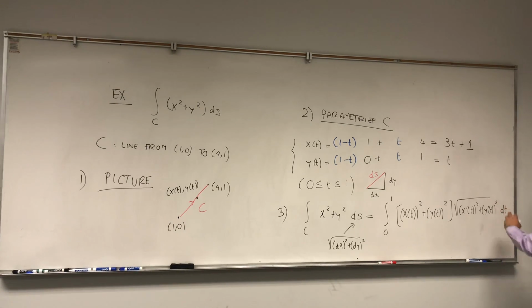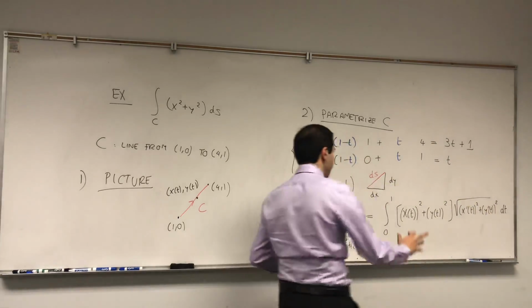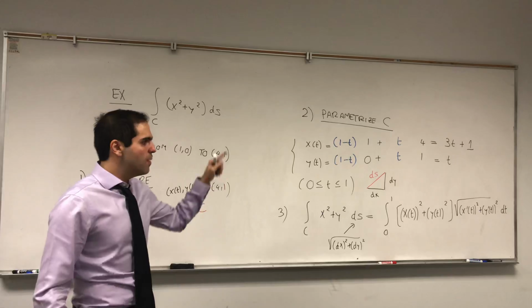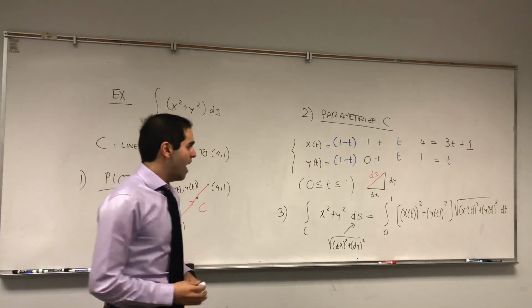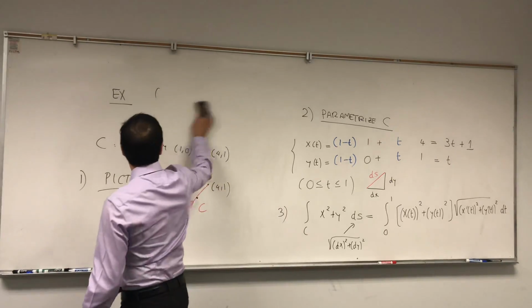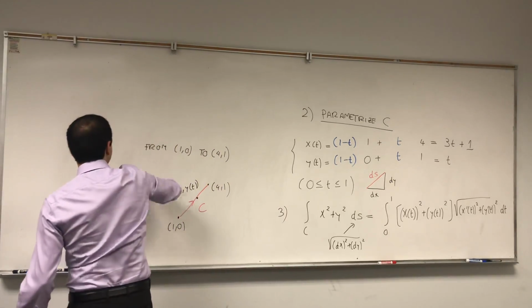I hope people can see this, but again, we get x(t) squared plus y(t) squared times square root of x prime squared plus y prime squared.